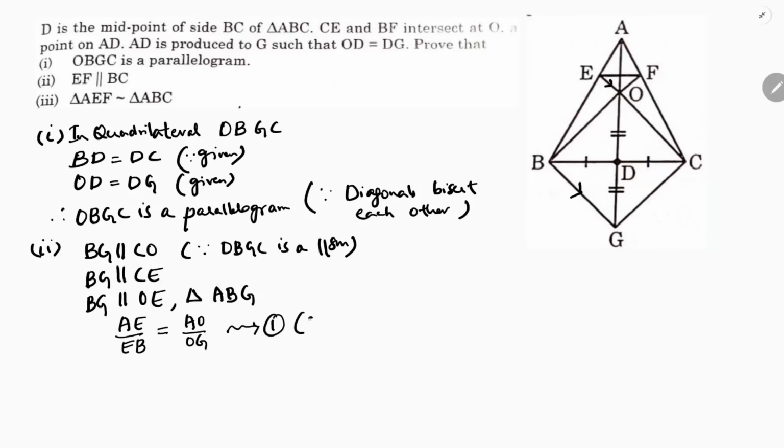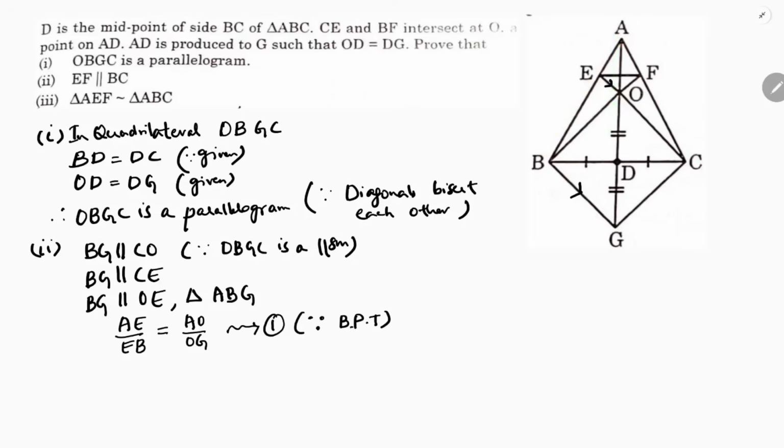This is equation 1. I wrote this with the help of BPT. In a triangle, a line drawn parallel to one side, parallel to BG, will divide the other two sides in the same ratio. This EO divides AB and AG in the same ratio, that is AE by EB equals AO by OG.